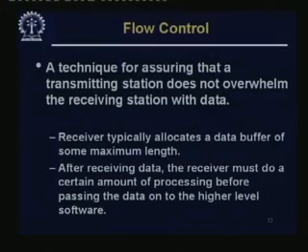If the receiver cannot process the data immediately, it goes into the buffer, but since we have a limited size buffer, eventually the buffer will overflow, and this is what we want to avoid. After receiving data, the receiver must do a certain amount of processing before passing the data on to the higher level software, meaning maybe the network layer.